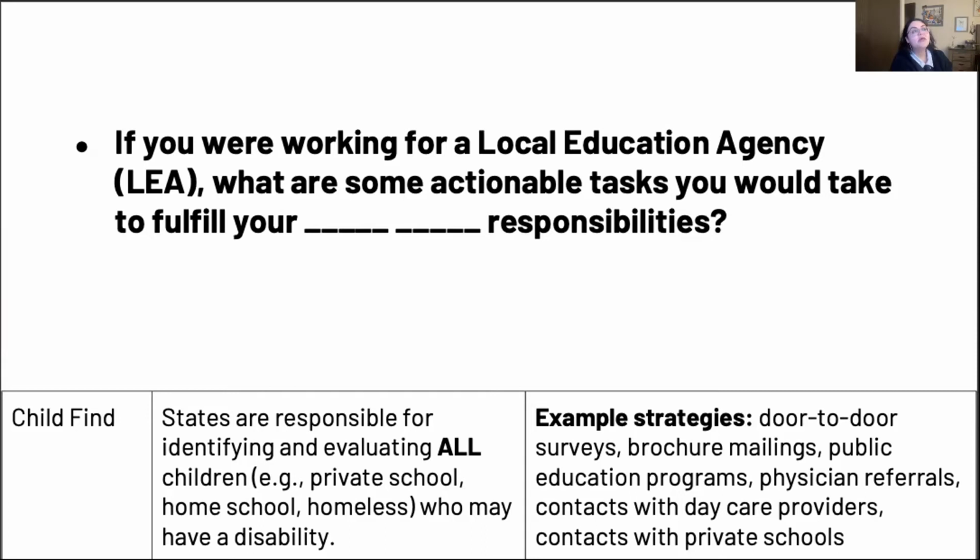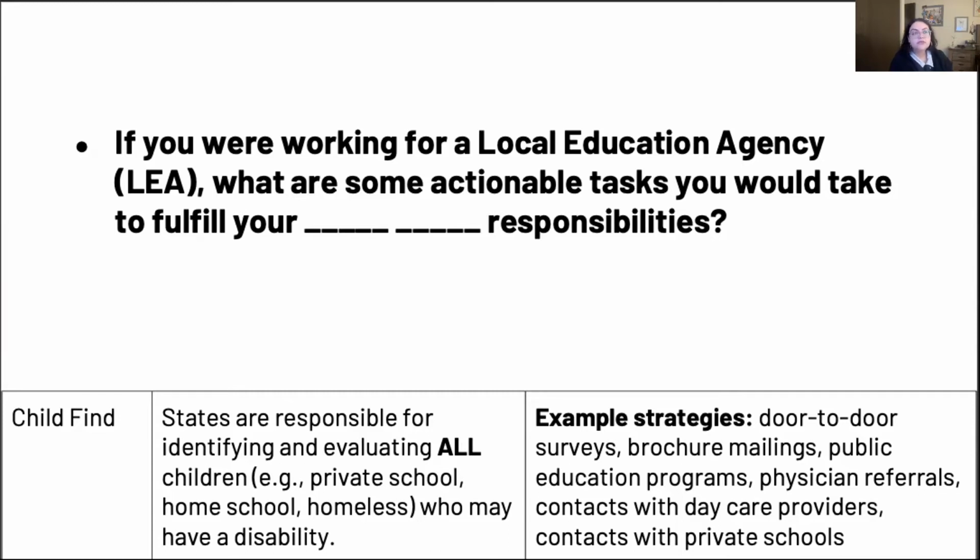So if you were working for a local education agency, what are some actionable tasks you would do to fulfill your child find responsibility? The word there is child find. Below, on the bottom right box, I put in some example strategies of things that schools do: door-to-door surveys, brochure mailings, public education programs like open houses for the community, and physician referrals.